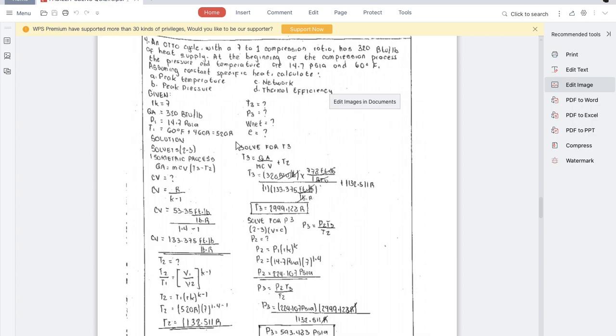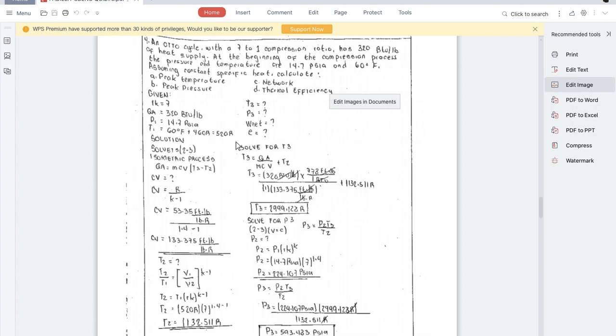For P3, the formula is P3 equal to P2 times T3 over T2. We already have T3 and T2, so we just need to solve for P2. For P2, the formula is P1 V1 raised to k over V2 raised to k equal to P2, so P2 equal to P1 rk raised to k.